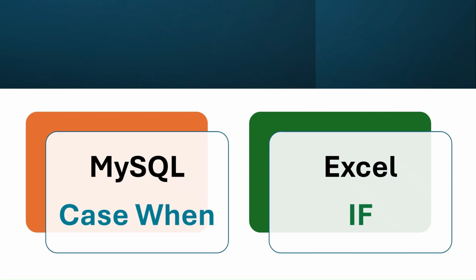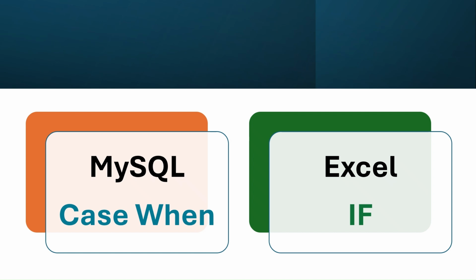So let's move to the next one, which is CASE WHEN in MySQL and IF in Excel. Now, in MySQL, we often add conditions inside queries using CASE WHEN. It's how we create new labels or categories.